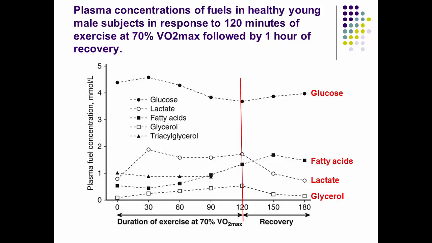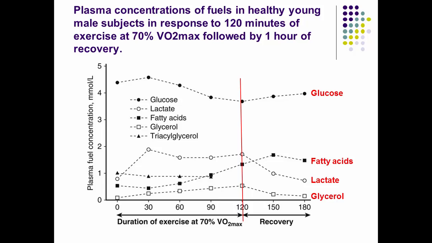During the recovery period, you see the glucose levels going up again, returning to the levels before exercise, and fatty acids go up a little bit more but then also decrease during the recovery period. The lactate level significantly drops, and the glycerol level also decreases.